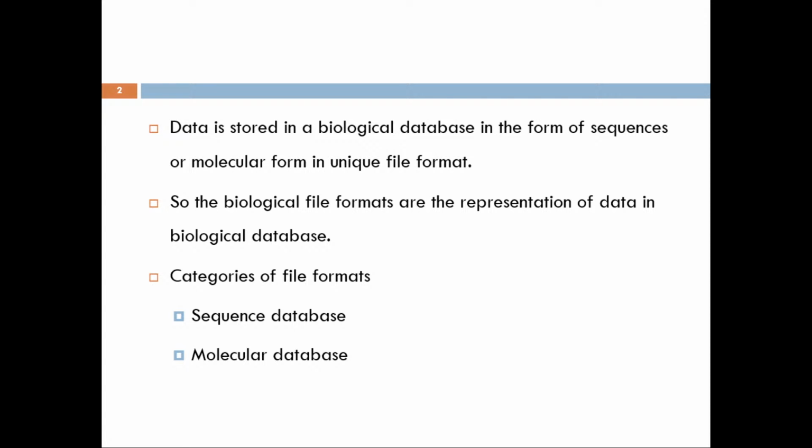The style in which the databases represent their biological sequences or biological information is known simply as the biological data file format. This is the representation of data in biological databases.